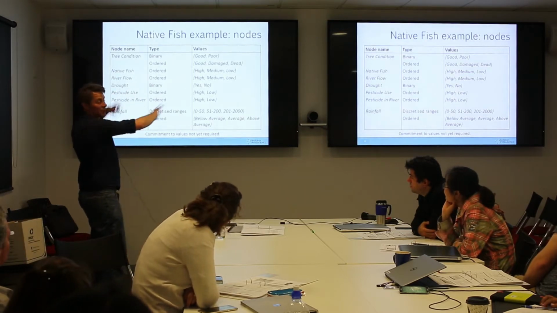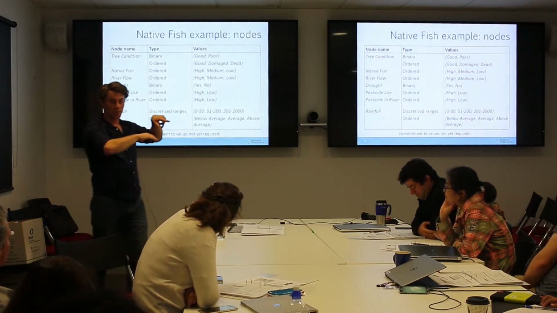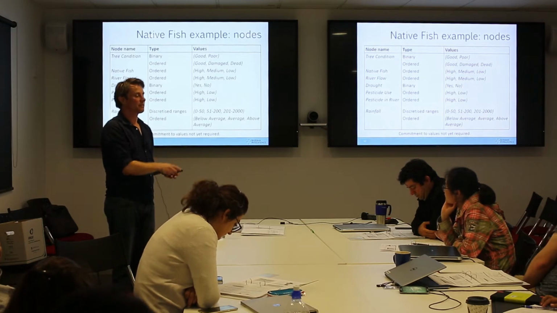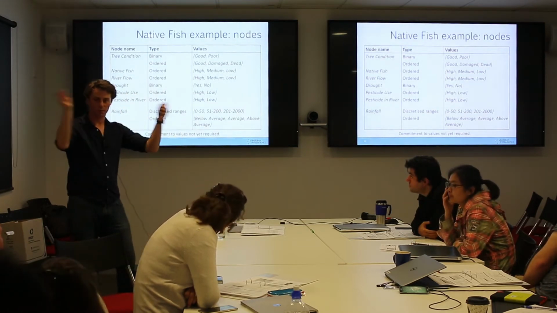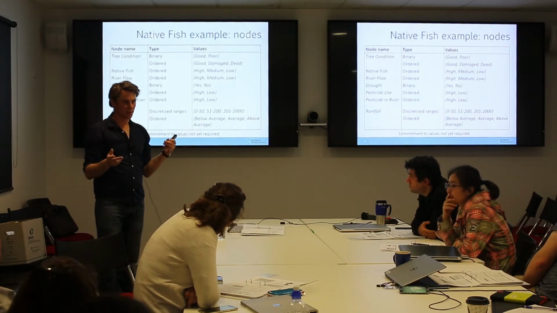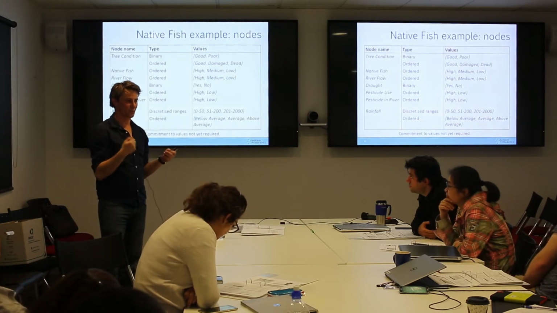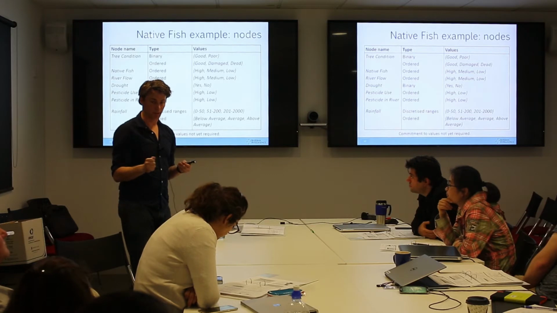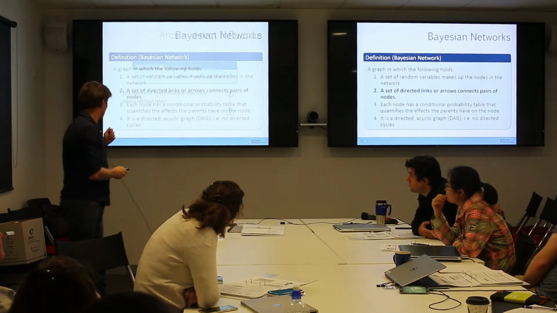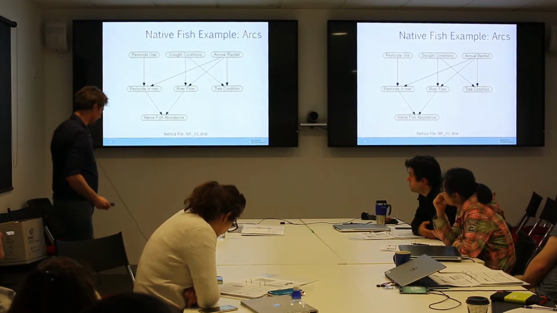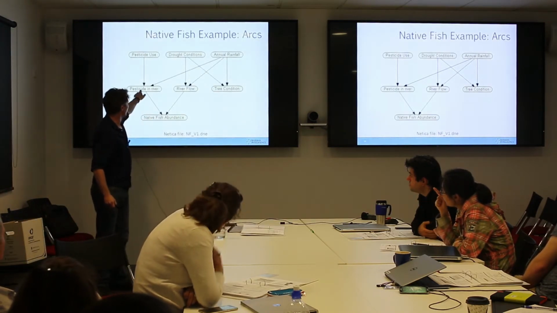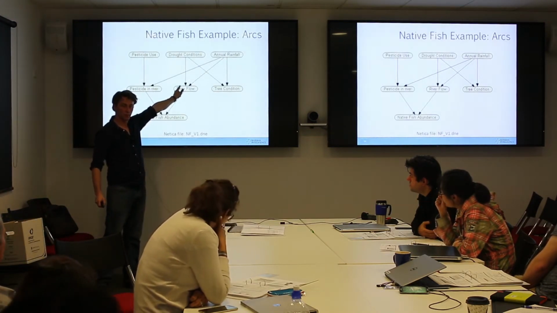So there's a lot of different arcs that we can put in here, but generally what happens when we do these kinds of graphs is we end up with a really quite densely connected network, but then we try to be quite discriminating and only put in the ones which are really important. What we decided for our one here is that native fish abundance should be affected by pesticide in the river and the river flow.